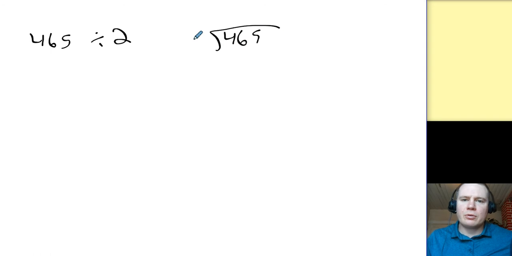That's also true when we have something like 465 divided by 2. Right? 465 is an odd number. If I do this long division, 2 goes into 4 2 times, 2 goes into 6 3 times, 2 goes into 5 2 times, with the remainder of 1.